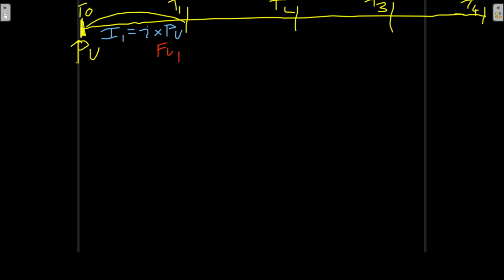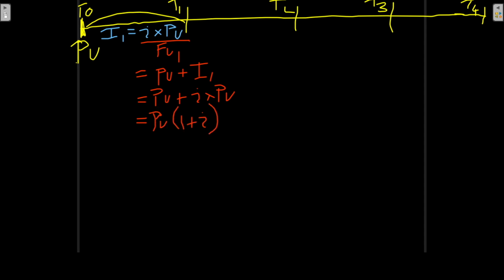That future value is equal to the present value plus the interest earned during time point 1. Now the interest earned during time point 1 is just the interest rate times present value. And we can simplify this to present value times 1 plus interest rate.